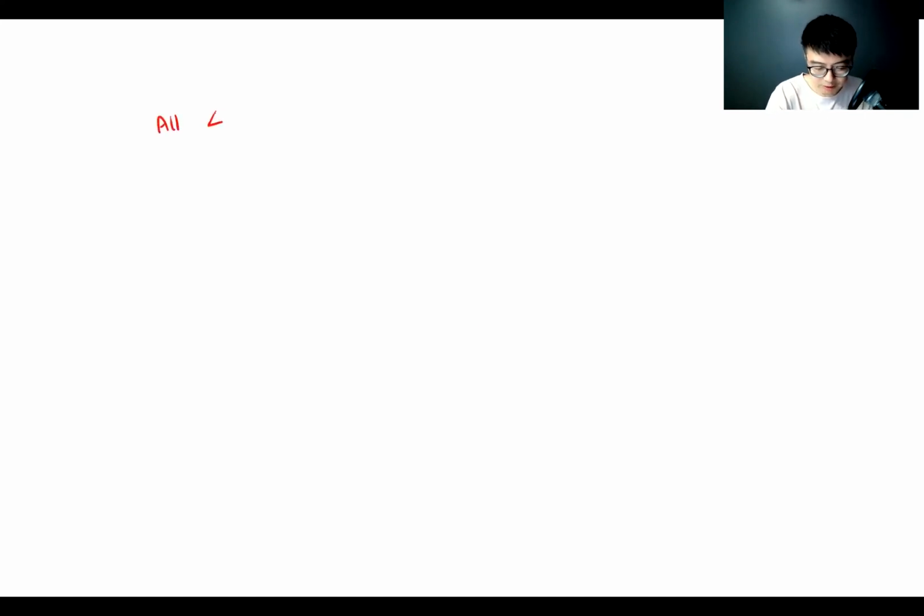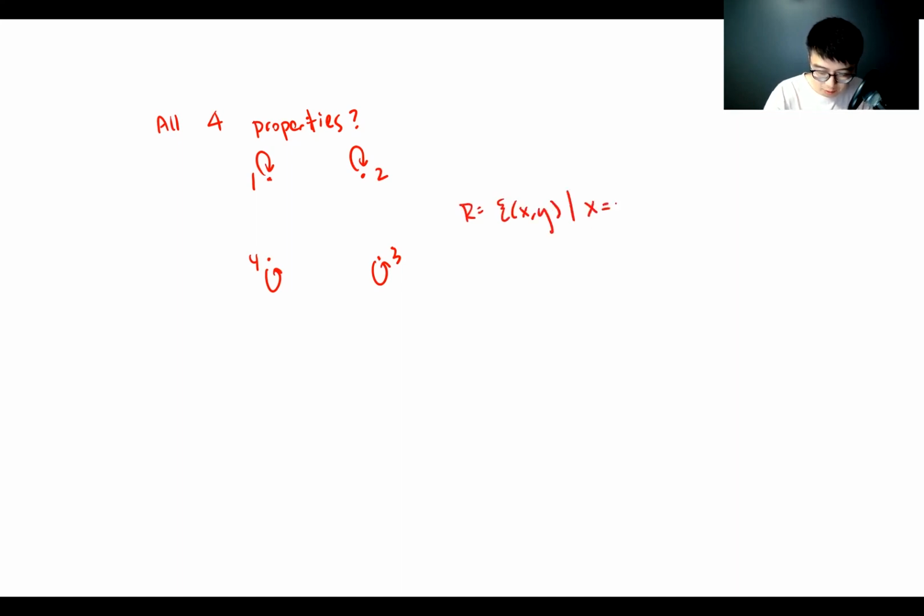So what about all four properties? In short, the only way that we can have all four properties is the following, which translates to the relation xy, where x equals y.